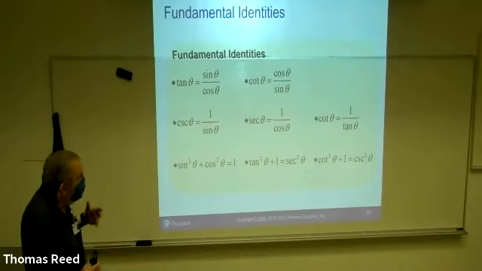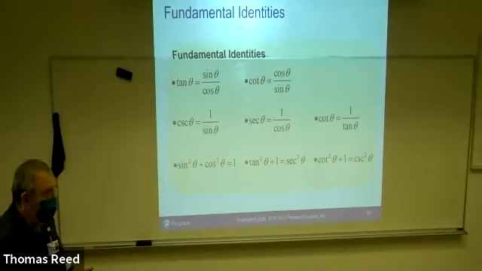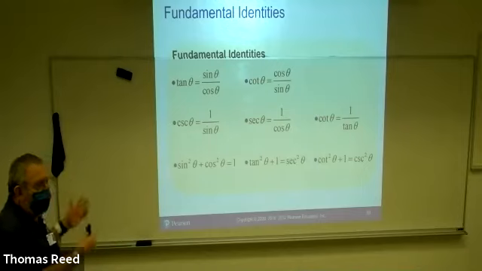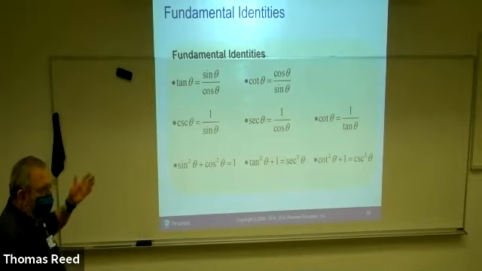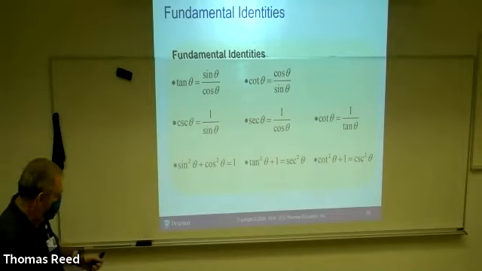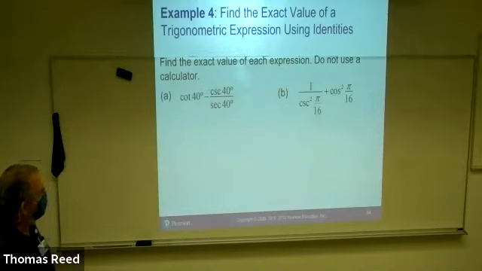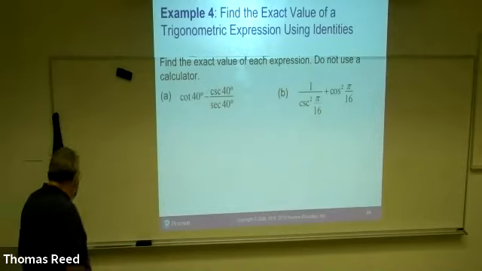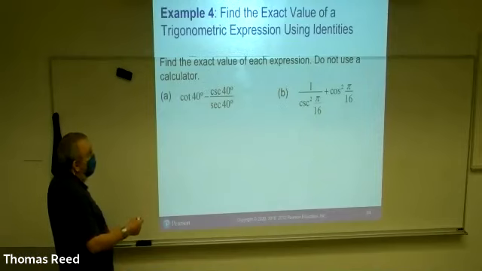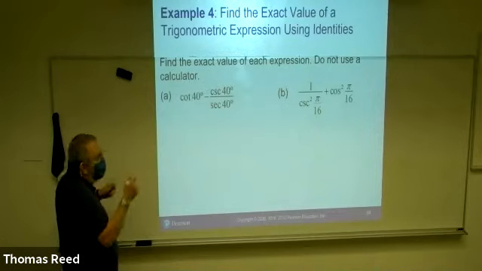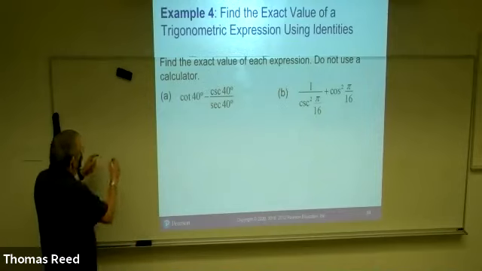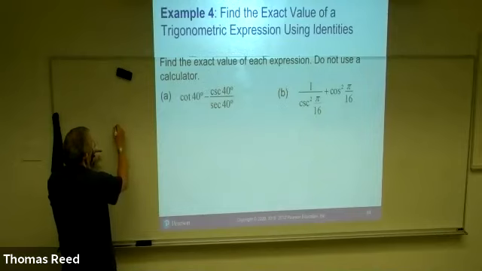So you can use these to change what one side of the equation looks like to the point it ends up looking like the other side. Well, here they want you to find the exact value of the expression. Do not use the calculator. So just using the trig identities. Well, what is cosecant? That's 1 over sine, right?